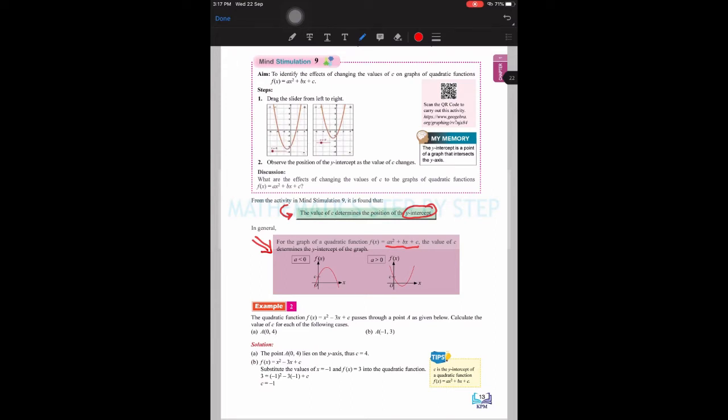So this graph is an inverted smiley, a is less than 0. This graph is a smiley, so a is greater than 0. And this is the y-intercept, okay? The y-intercept is the place where the graph cuts the y-axis, okay?